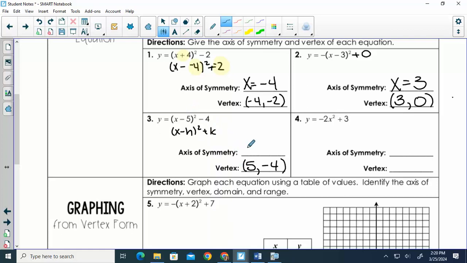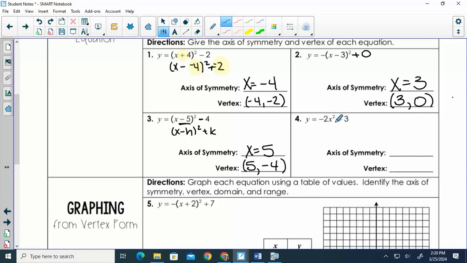All right, and so the axis of symmetry would be x equals 5. The minus sign doesn't make it negative? It doesn't because it's in the formula. So if, like this one, the minus makes it negative because my formula has plus. Okay. Another way to think of it is like the inside is always the opposite of this number. So that's like a negative 5, so the opposite of that is positive.